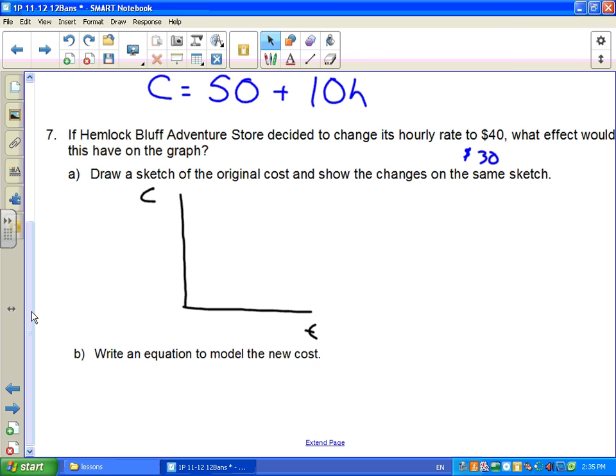It started at 0, 0, because it was direct variation, and it went up kind of like this. If we're changing the hourly rate from 30 to 40, are we changing where the graph starts? What do we think?